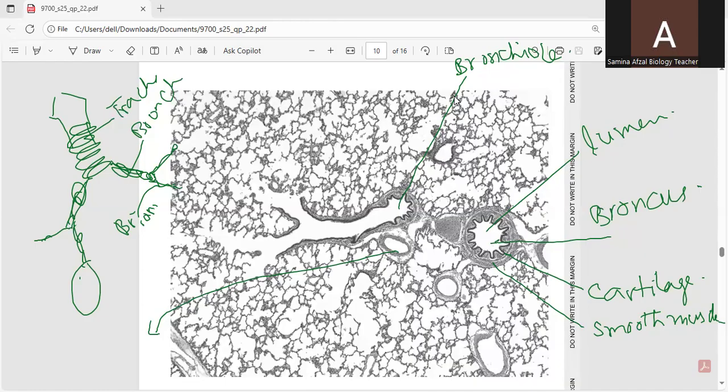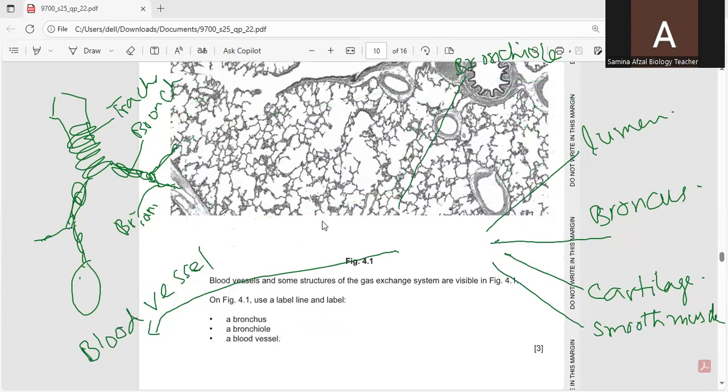So this is the blood vessel. It is thin walled, irregularly shaped, circular, and very close to the bronchus. So these are the three labels they have asked us to draw on this picture.